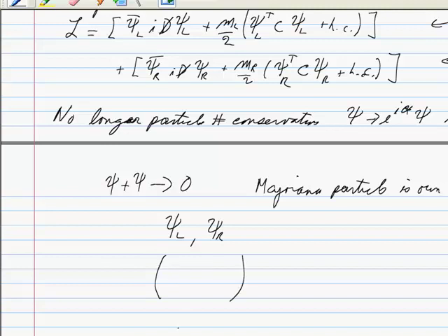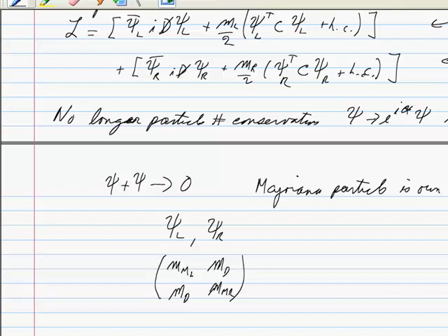So I'm going to do a 2 by 2 matrix here. So there's M Majorana here, M Majorana here. This is M Majorana left. This is M Majorana right. Okay, those can be two separate masses. And then the Dirac mass connects left to right. So it connects it that way.